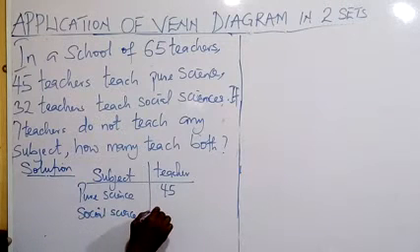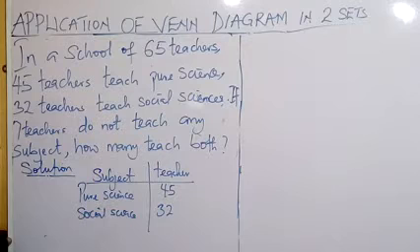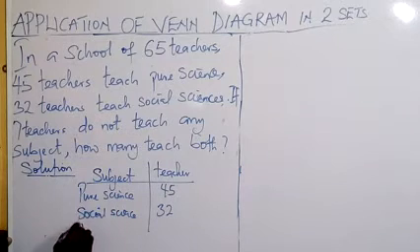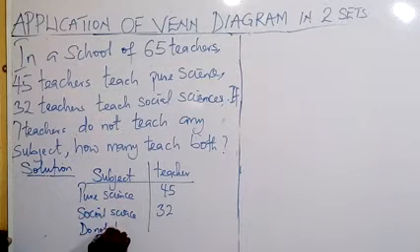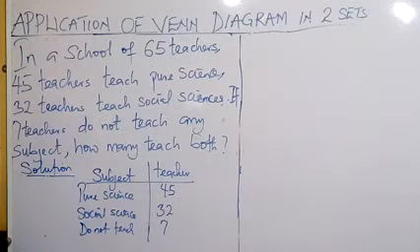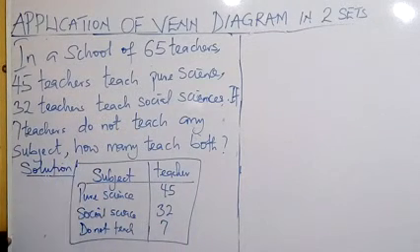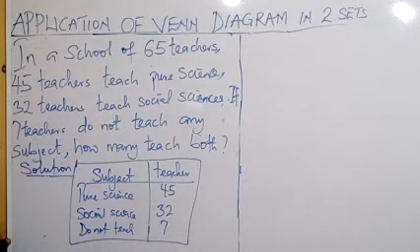We have 32 teachers. And the last one, 7 teachers do not teach any subject, we have seven teachers. This is the information. We just create a table for the information.